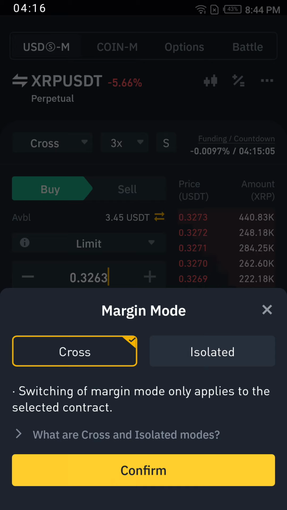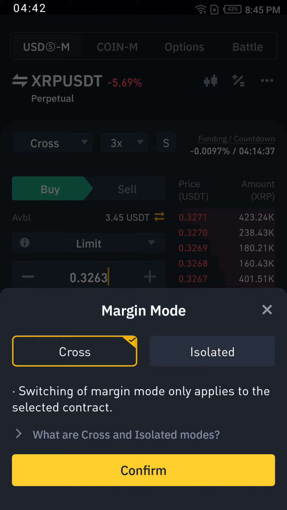If you leave it on cross, the implication is that if I'm using $1 to enter this trade and it reaches my liquidation point at that $1, the trade will not be closed. You can see I have $3.45. The trade won't be closed.